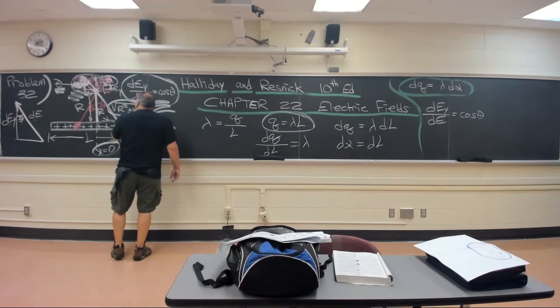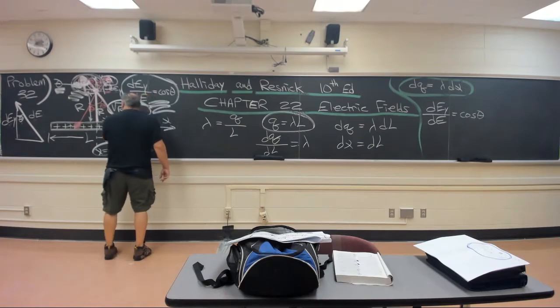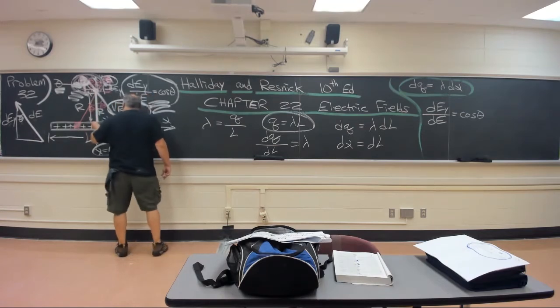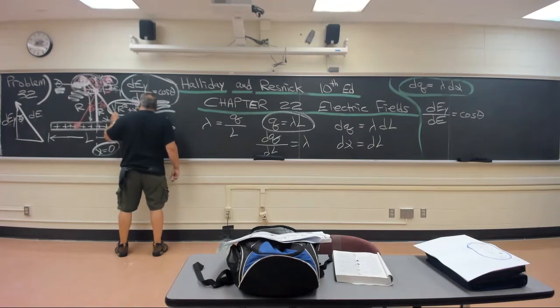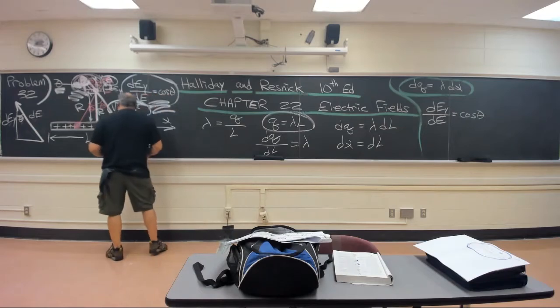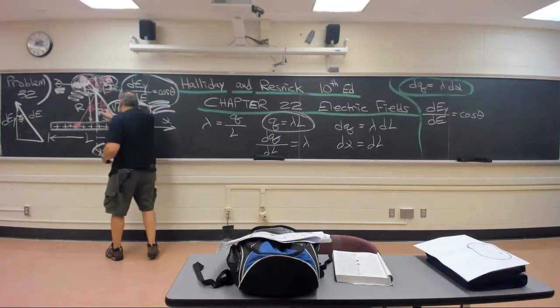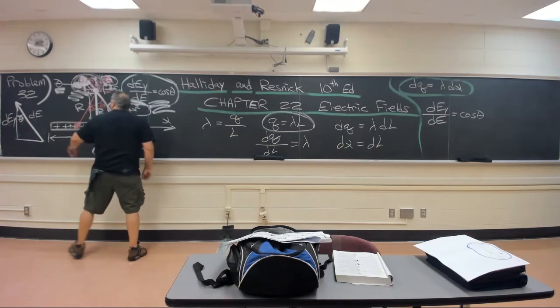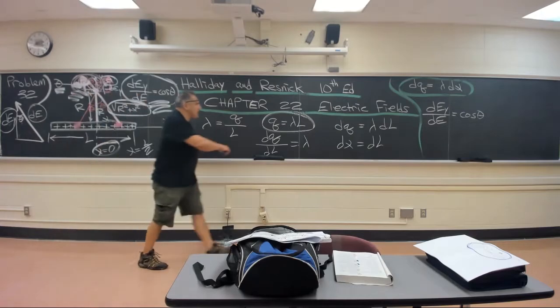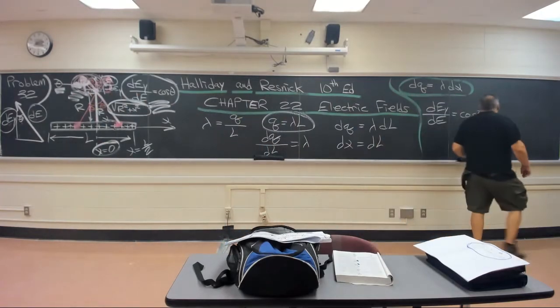This leg, capital R, divided by the square root of the sum, capital R squared plus x squared, that ratio of R to the hypotenuse, is cosine theta. We already said that was also equal to dEy divided by dE.